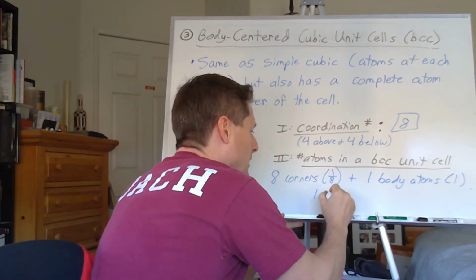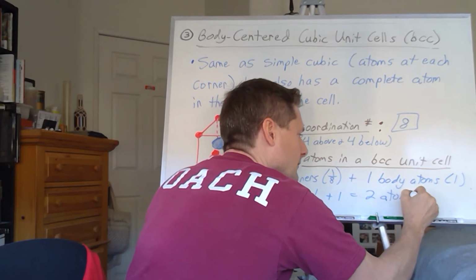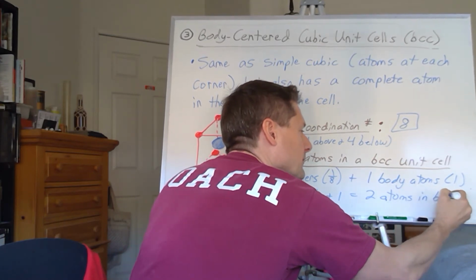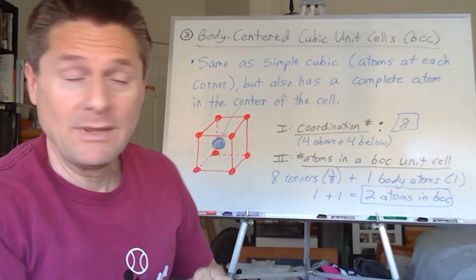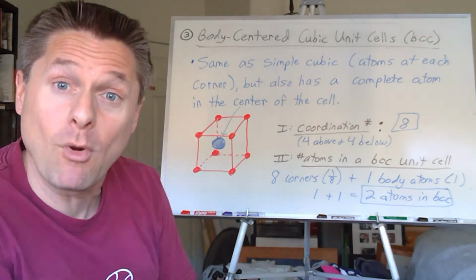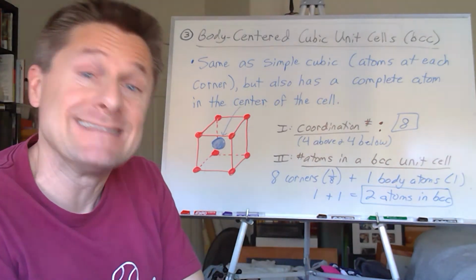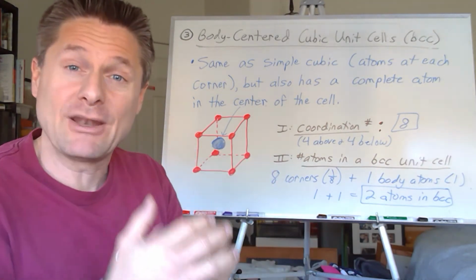So this would be 1 plus 1 equals 2 atoms. So simple cubic had a total of 1 atom. Body-centered cubic has a total of 2 atoms, and face-centered cubic had a total of 4. So you can see how that really impacts the density, because the masses get larger as you go from simple to body-centered to face-centered cubic.